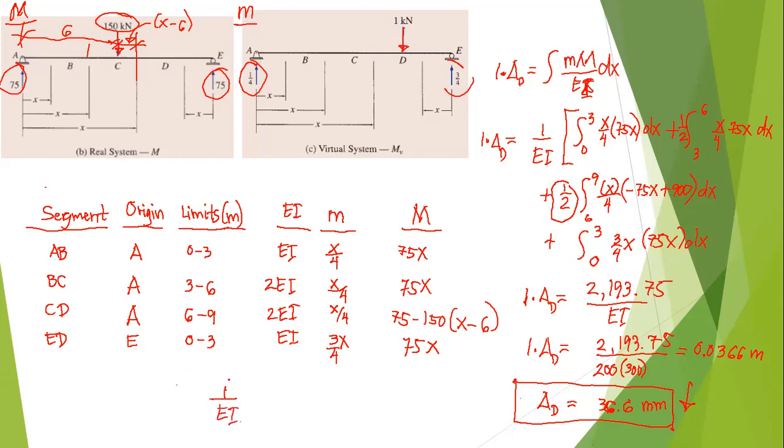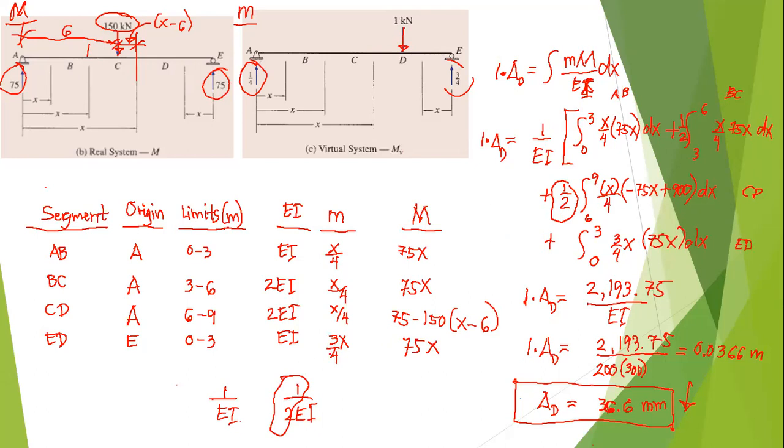In segment CD, we have 1 over 2 EI. We take out the EI, so this component has 1/2, which is this. This is for segment CD, this is for segment BC, this is for segment EB, and this part here is for segment ED.